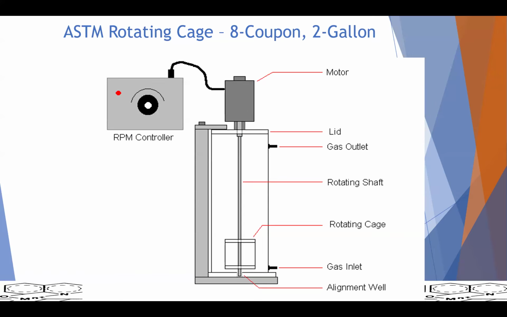And again, if you go to any of the ASTM standards, G170, 184, or 202, the geometry or the apparatus size and dimensions are exactly the same. When you say rotating cage, we need a rotating cage which holds a coupon. We have to have a shaft which rotates it. Obviously, there should be a gas inlet and outlet, and a motor that controls the rotation speed.